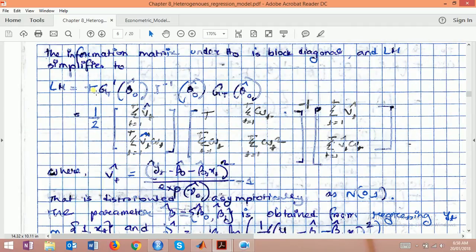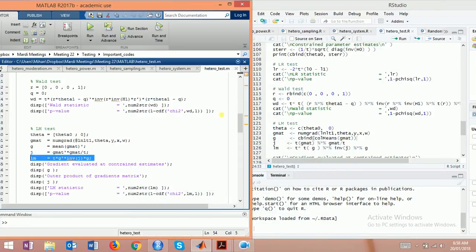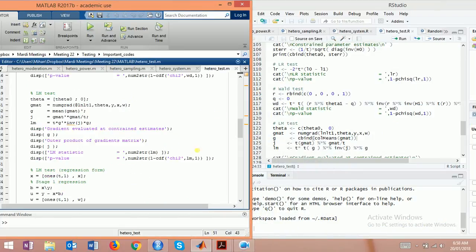See, LM is T times G theta, information matrix inverse, and then again G theta. That's all. Then we also do the two-stage LM test, and how can we alternatively do the two-stage LM test fast? Remember, we are doing that first. What are the stages?